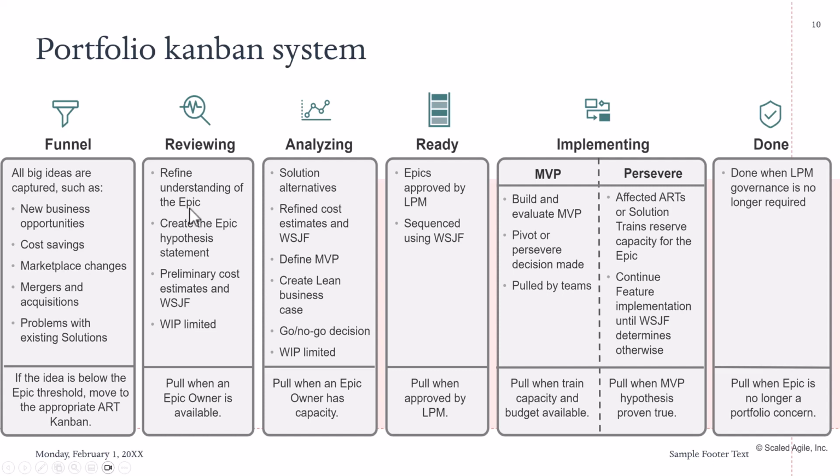So for that process to happen, this is where we create the epic hypothesis statement. This helps us take the name of the epic, look into some of the leading indicators, the business outcomes, and you come up with the NFRs, and also create what we just realized is maybe an elevator pitch. Those are the value statements.